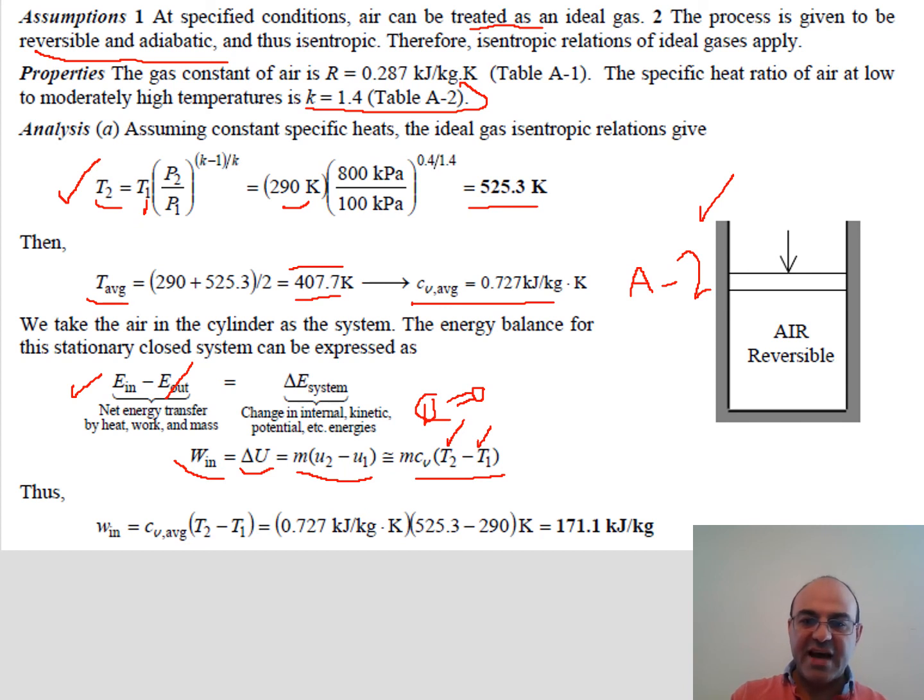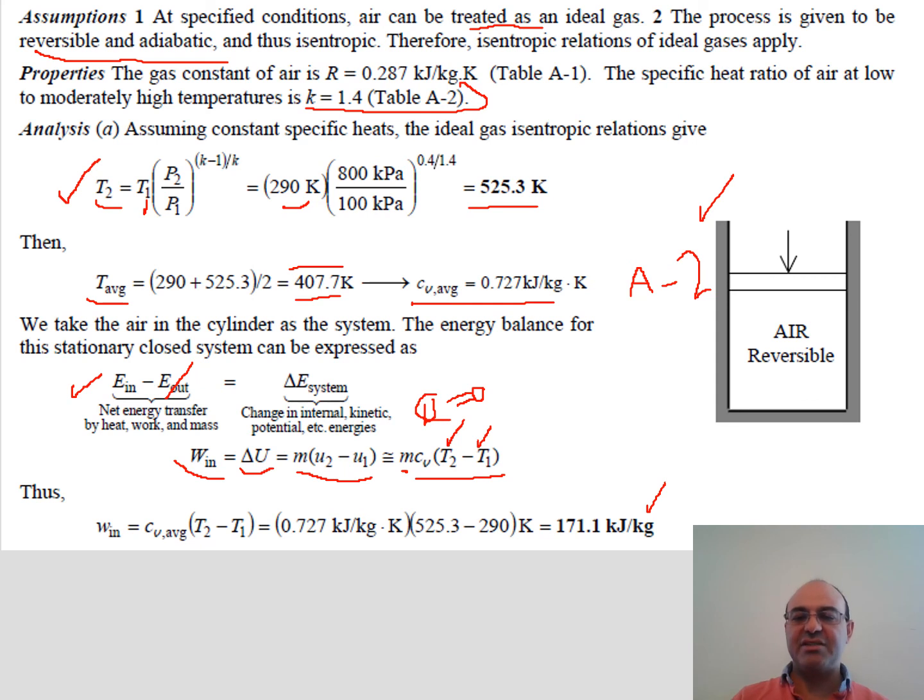Then with this cv average, you just plug in the numbers and you can find W in. Because we don't have the mass, we find everything per unit mass. So W in per unit mass is cv average times (T2 minus T1). So that was based on the approximate analysis. So you remember from the lectures, we do have approximate analysis and we do have exact analysis.